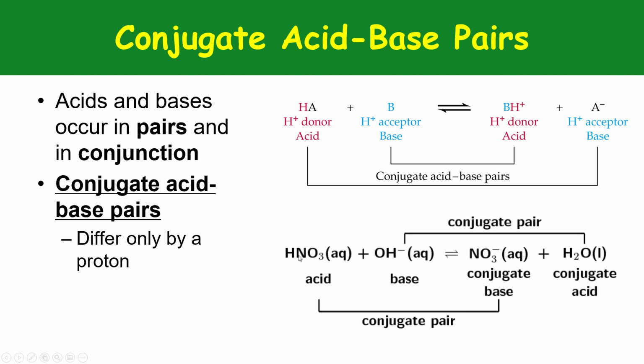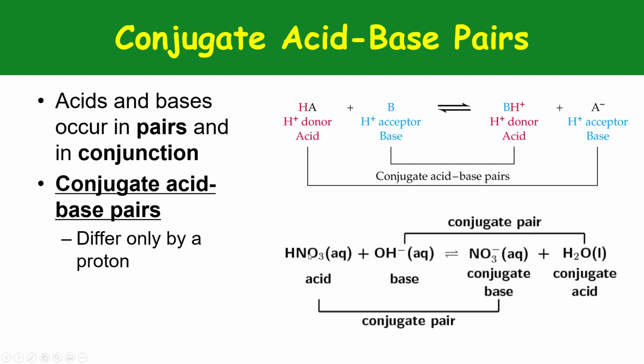If you look at it with real acids and bases down here instead of just the letter examples, you'll see here's HNO3, that's your acid. It's going to donate its hydrogen, and what we're left with after that's donated is NO3-. So that's your conjugate base. So the pair is HNO3 being the acid and NO3- being the base. The base is hydroxide.